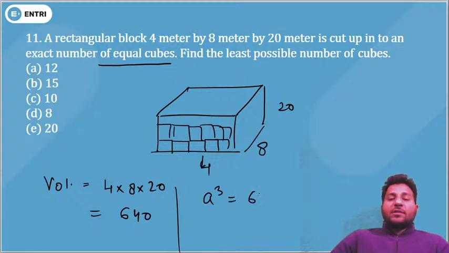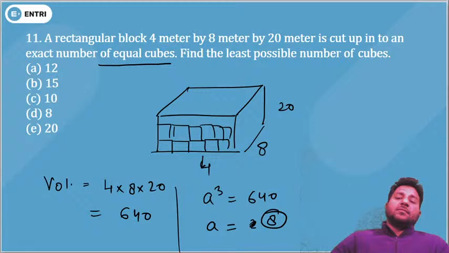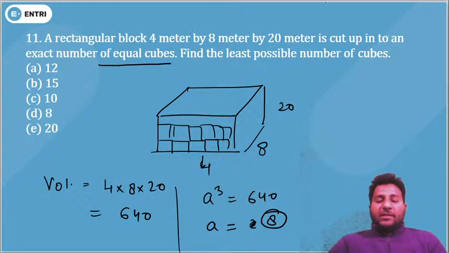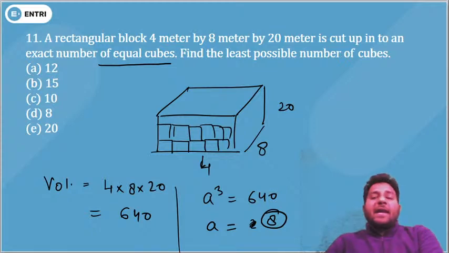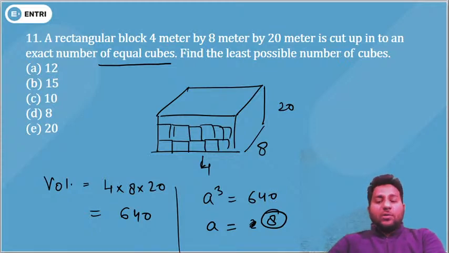So side cube is equal to 640, which means clearly the least possible number will be around 8, because if you go 9, it will go beyond its volume. So that's why we are putting this as 8.